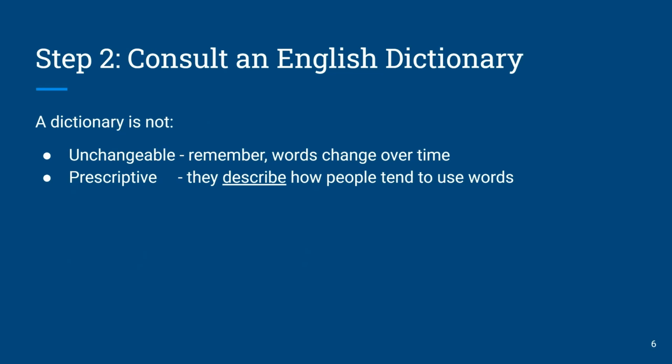It is not meant to enforce how a word is or ought to be used. A dictionary fundamentally is meant to describe how people tend to use words. I know oftentimes dictionaries are used in a prescriptive manner by folks who feel vindictive that a certain word is not used correctly, but fundamentally this is a misuse of a dictionary.